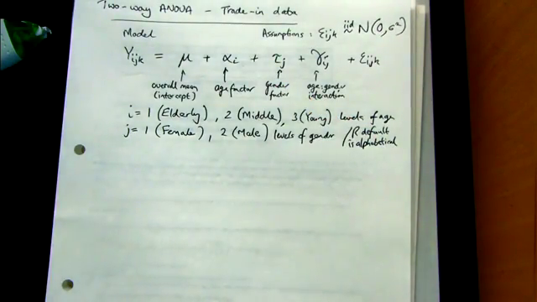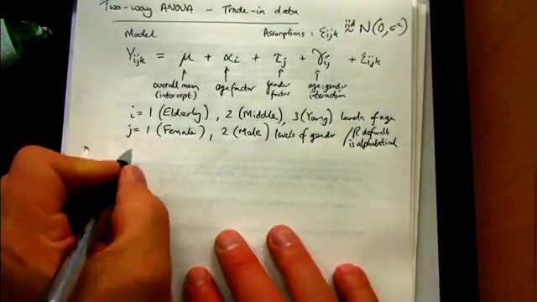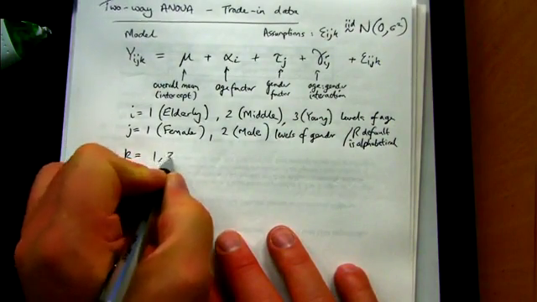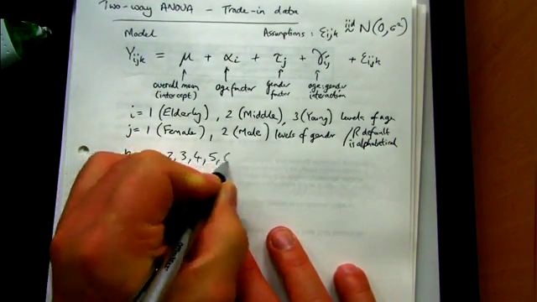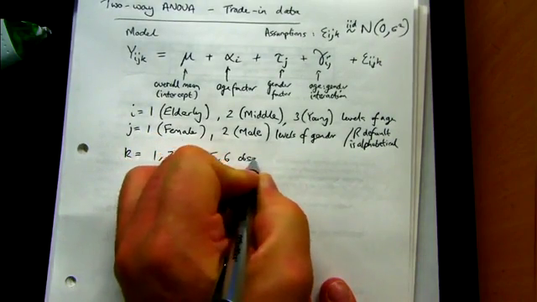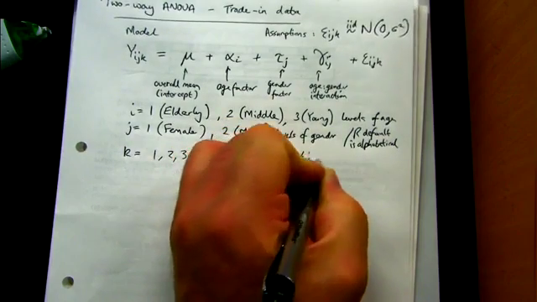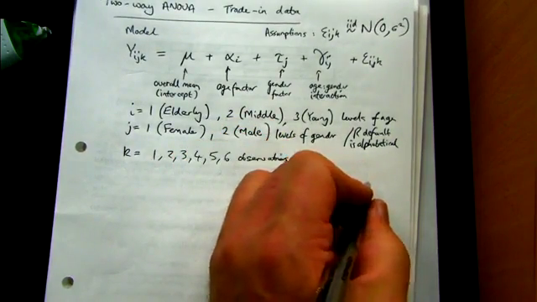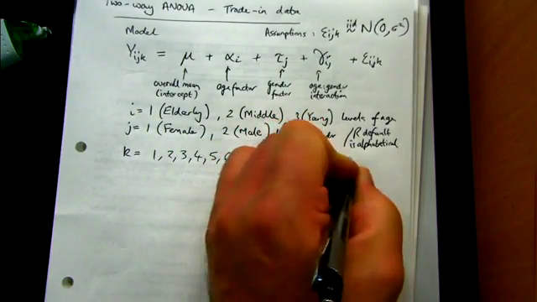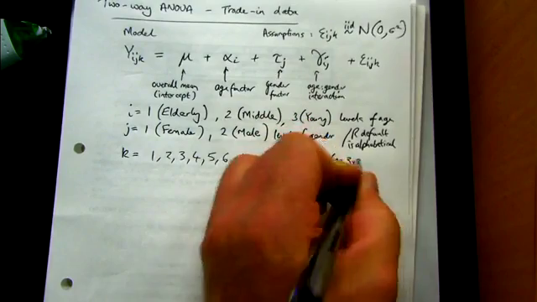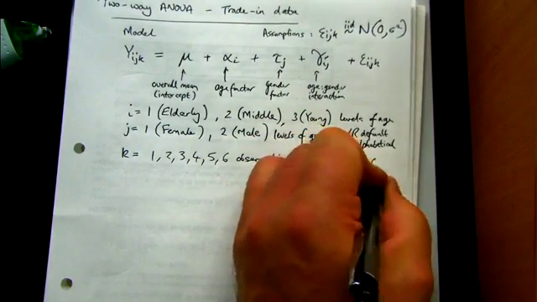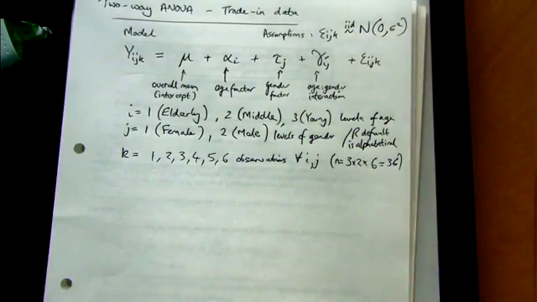I think it counts numbers before it counts letters. And k equals 1, 2, 3, 4, 5, 6 observations for all ij. And if you like, N is basically 3 levels of age times 2 levels of gender times 6 observations equals 36. So I've got 6 treatments, 6 replications of each to give me my 36 observations.